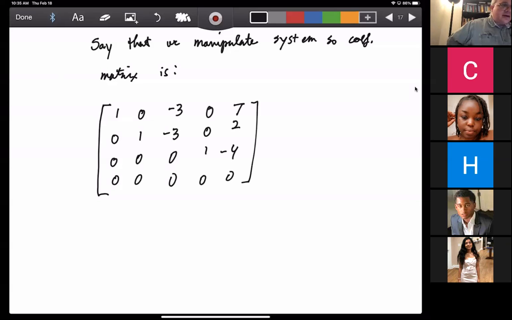Now let's think about our definition of RREF. All non-zero rows are above any 0 row. So this is the only 0 row, it's at the bottom, so we're good. Bullet point B was that the first non-zero entry in a row, the leading entry, is a 1. So first entry is a 1, first entry is a 1, first entry is a 1. Okay, so we're good.